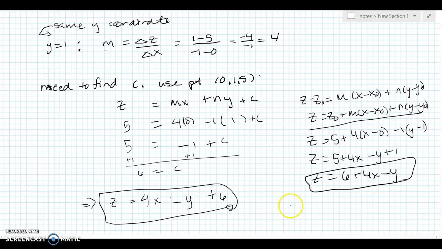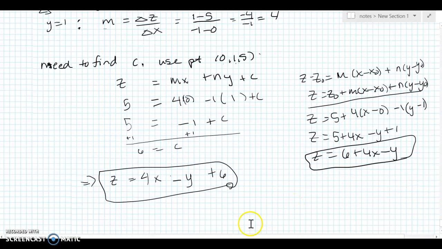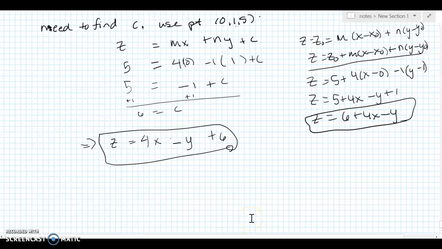Okay, so what if I just asked for the z-intercept? What does it mean to be an intercept?